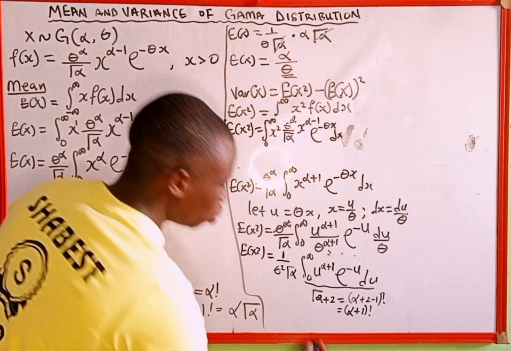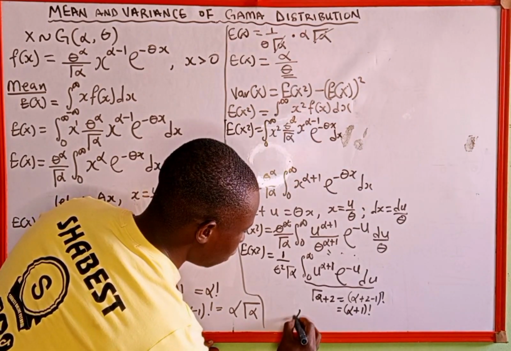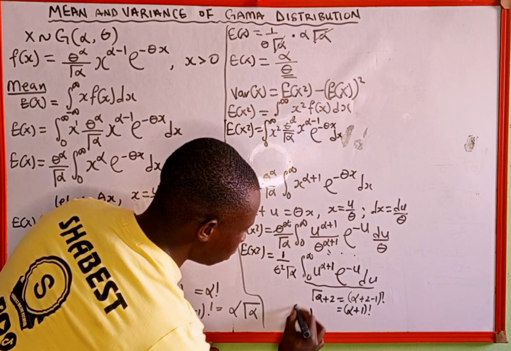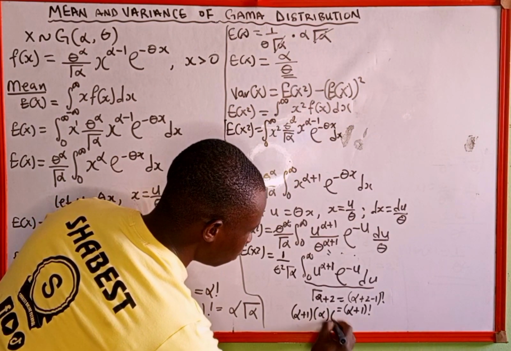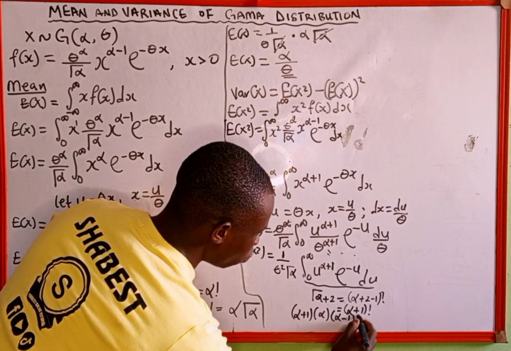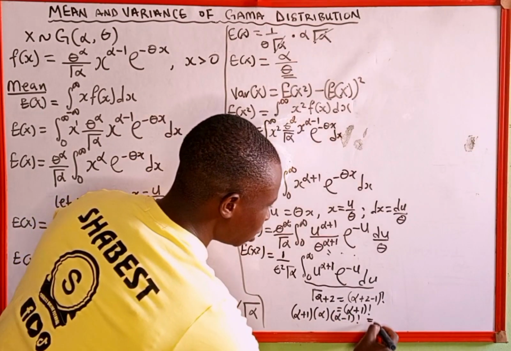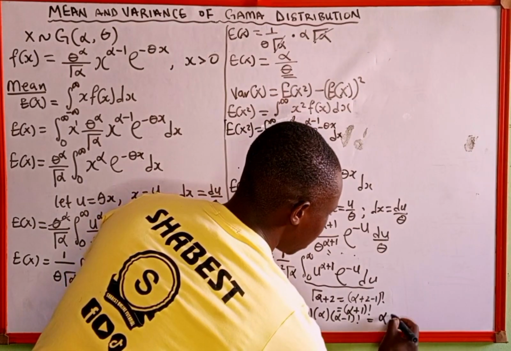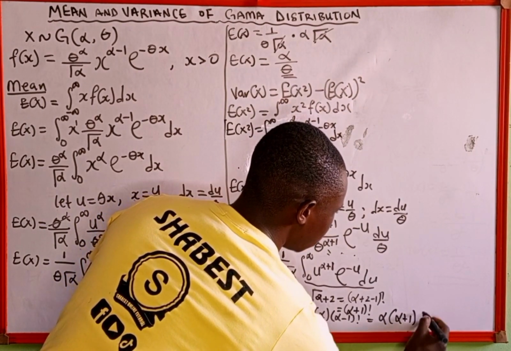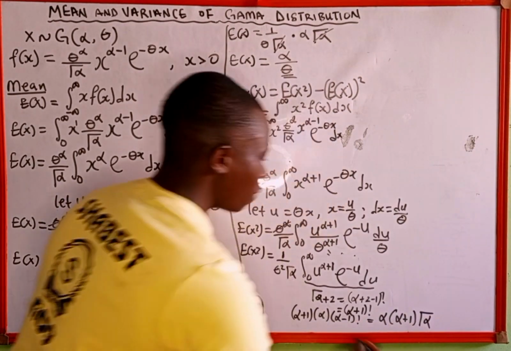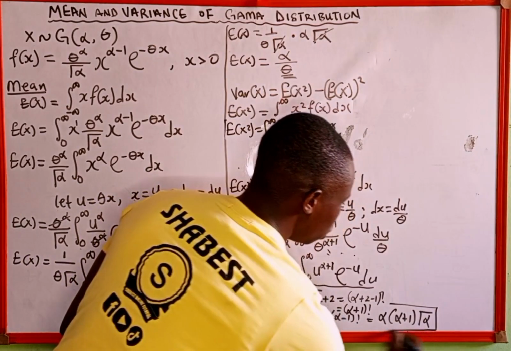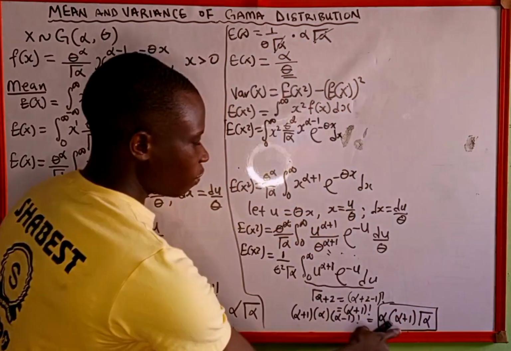If you simplify this, we are going to have alpha plus 1 multiplied by alpha multiplied by alpha minus 1 factorial, which is the same as alpha into alpha plus 1, then multiplied by gamma of alpha.